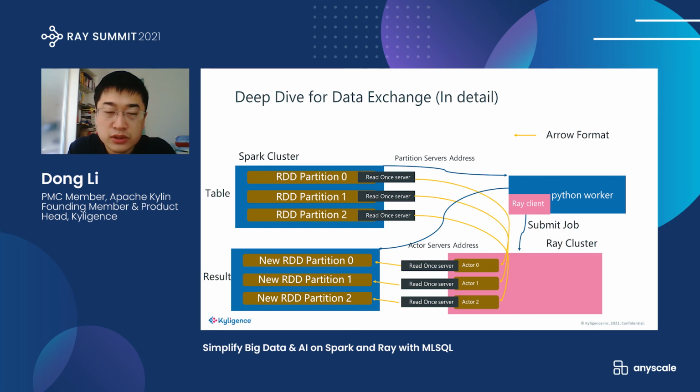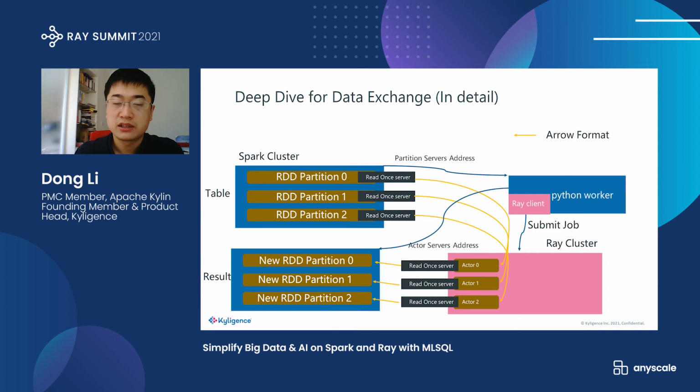So we need to send the data by partition to the Ray cluster and get back the result RDD. At the beginning, we launch several socket servers on the Spark executors, and the number of socket servers is the same as the number of partitions of the RDD. The system will adjust the number of partitions automatically based on the current resource situation.